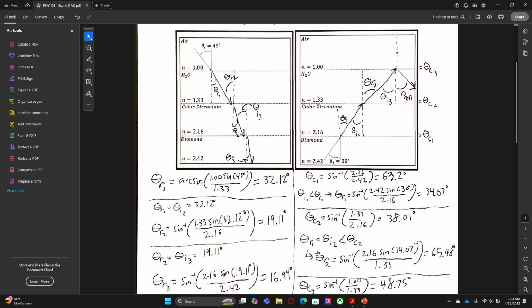Therefore, it's possible to calculate theta R2 as sine inverse of the current refractive index, 2.16, as we're traveling through cubic zirconium approaching water, times the angle of incidence, sine of 34.07 degrees, divided by the refractive index of the next layer, which would be water, 1.33.